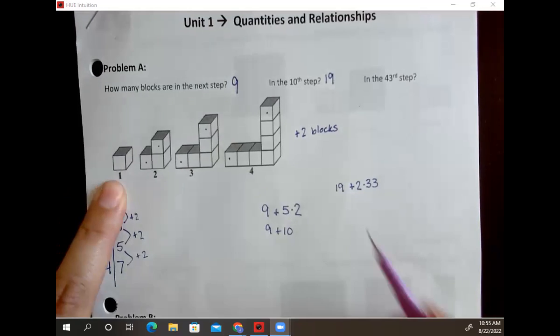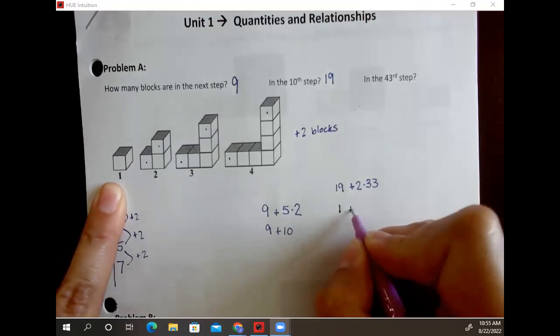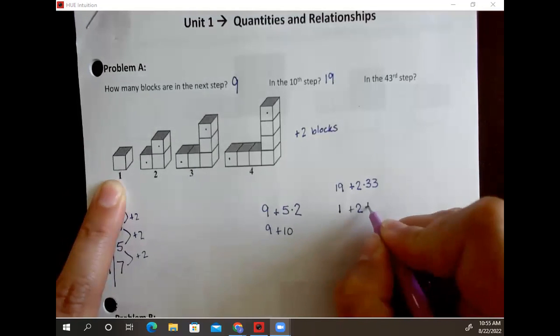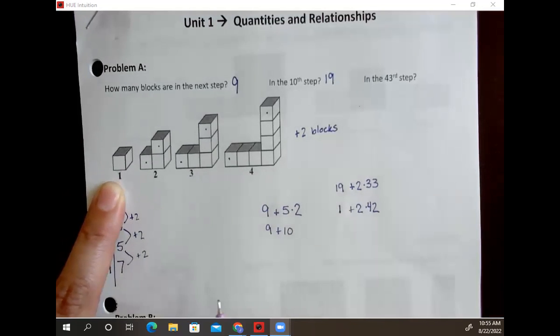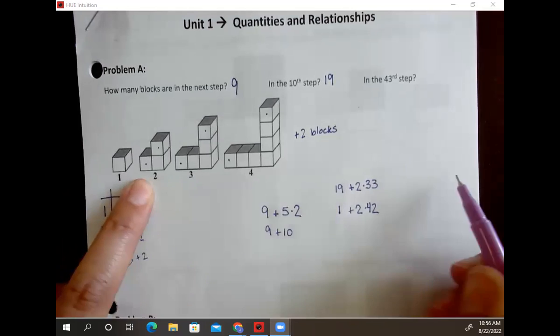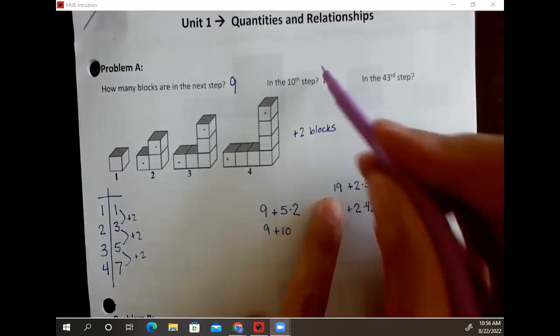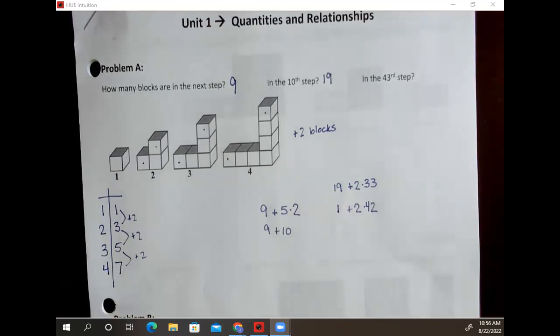I know I start with 1 block. To get to step 43, I've got to add 2 42 times, right? This is step 1. I've got to go 42 more to get me there. That would work. You could also start from where you left off, like we did here with the number of blocks in step 10.